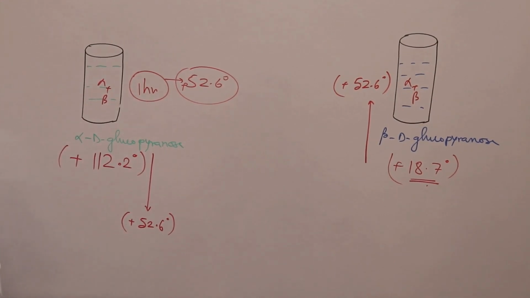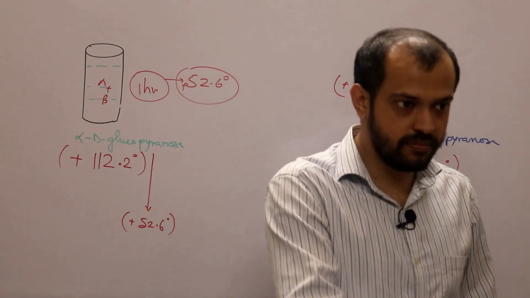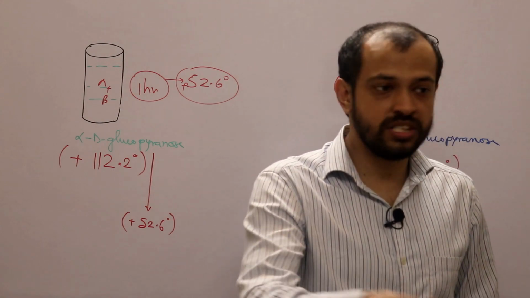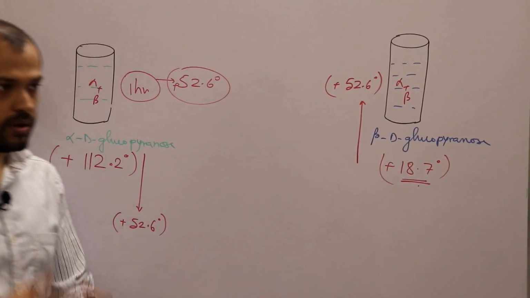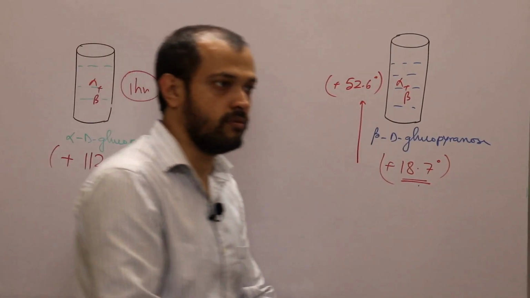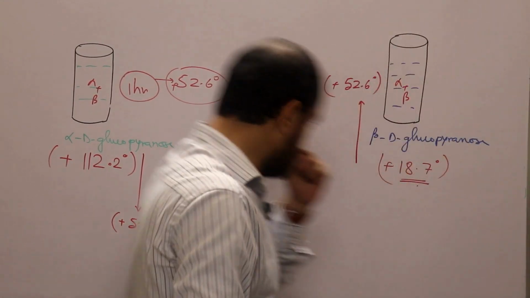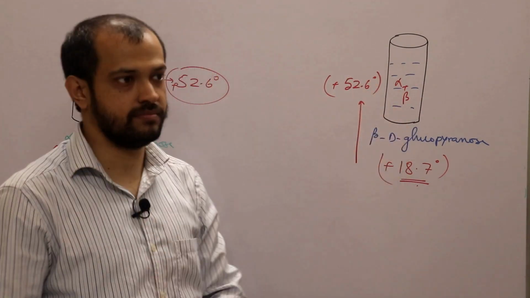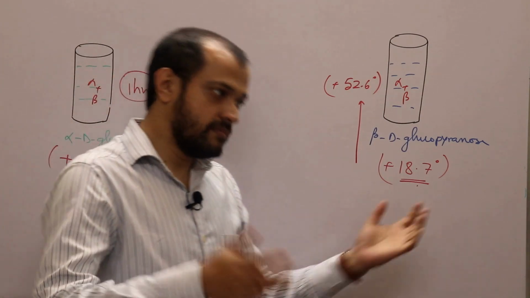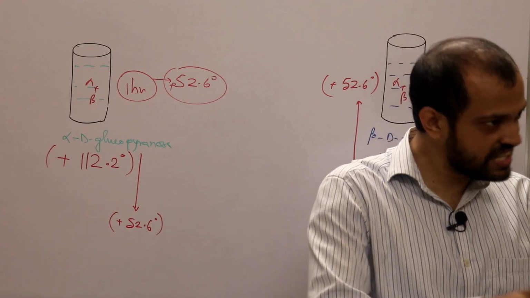Now listen, the question was: at equilibrium, which is the more abundant form of glucose, alpha D-glucopyranose or beta D-glucopyranose? What do you mean by at equilibrium? That means when the mixture was giving us only 52.6 degrees rotation.